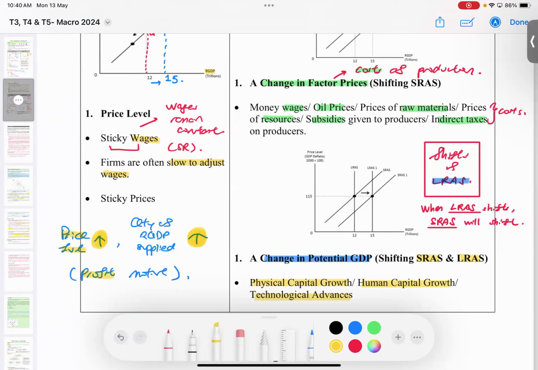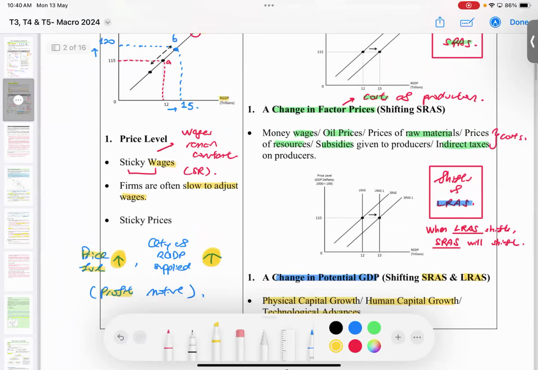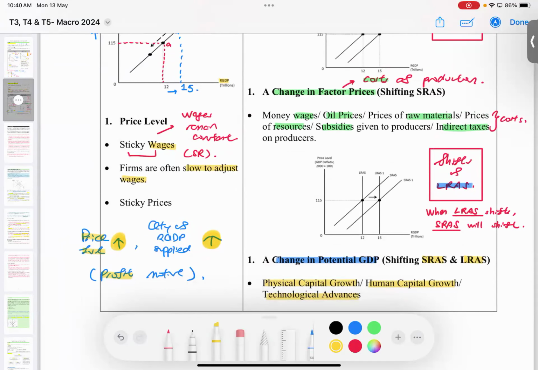Physical capital growth means you are having more machinery, equipment, and technologies. Human capital growth means you have better quality of workers, labor, and lastly, technological advancements. So remember, whatever shifts SAS is only those related to the cost of production.